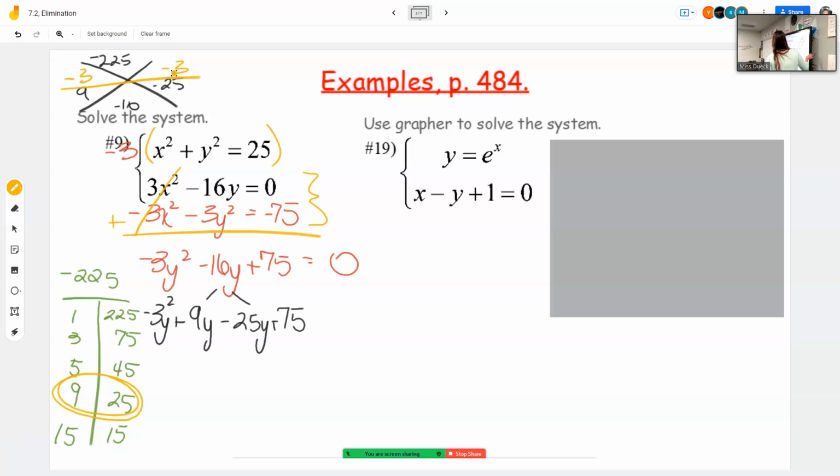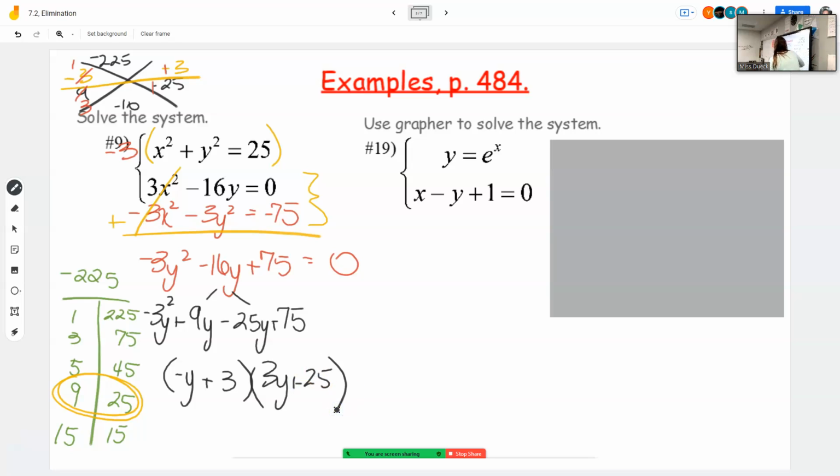It's 1 over negative 3, and 25 over 3. So then I could have a negative y plus 3, and then the negatives reduce. That doesn't do anything though. Let's check it. 3y plus 25.